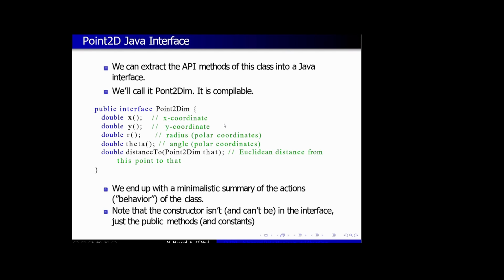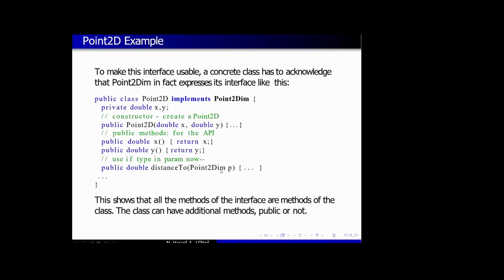Okay, so this is our first example of an interface. Now, to make it really usable, we need to link together the concrete class, the one that has the code in it, and this interface that we've come up with.